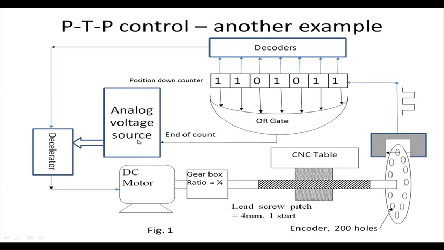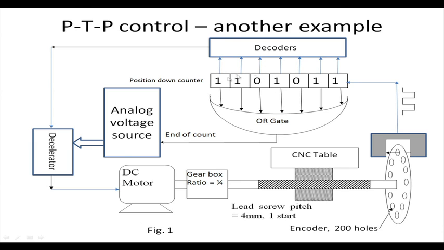So, the analog voltage source is kept on as long as this count is not 0, and this analog voltage source feeds the DC motor, which rotates the gearbox, which rotates the lead screw, and which moves the table.